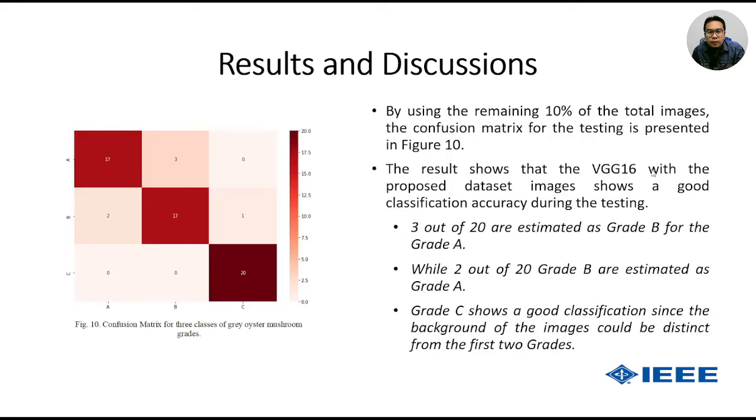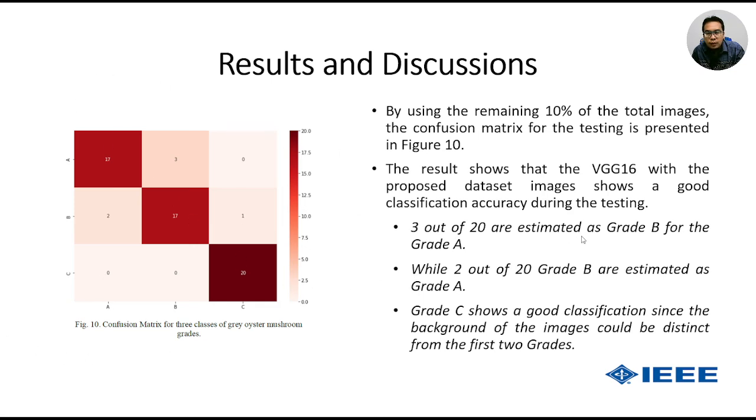Based on the comparison via confusion matrix for the 3 classes of grey oyster mushroom over here, we can conclude that by using the remaining 10% of the total images, which has been stated before as 600 total images, these are the coefficient metrics that we gained.